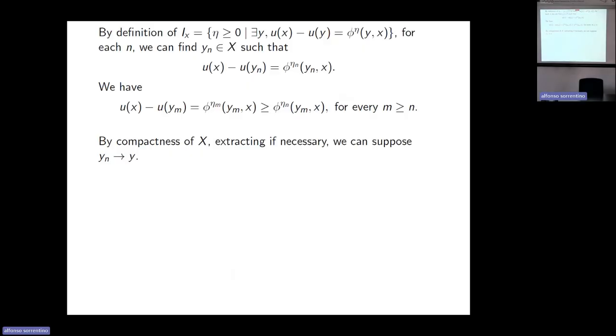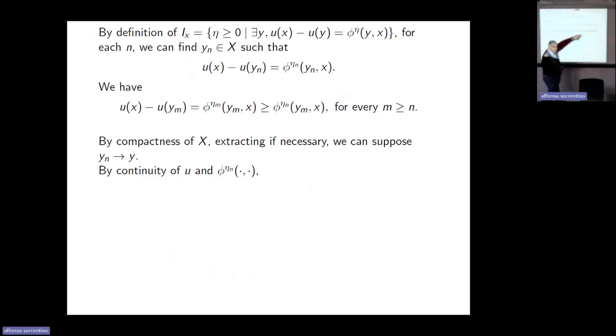Now, by compactness, I can suppose that yn goes to y. Okay? And by continuity of u and of phi eta, now n is fixed. Continuity of u, and this one, the inequality here, I let m go to infinity.